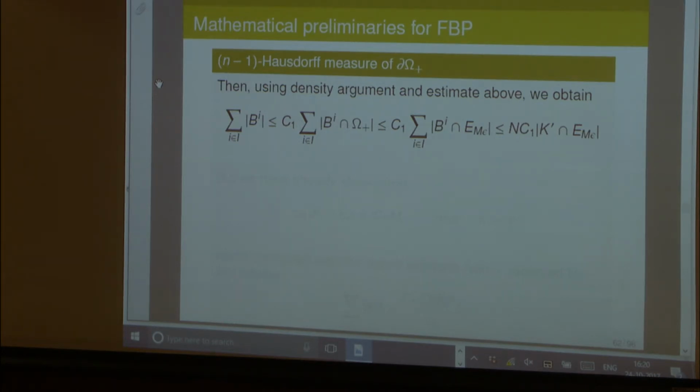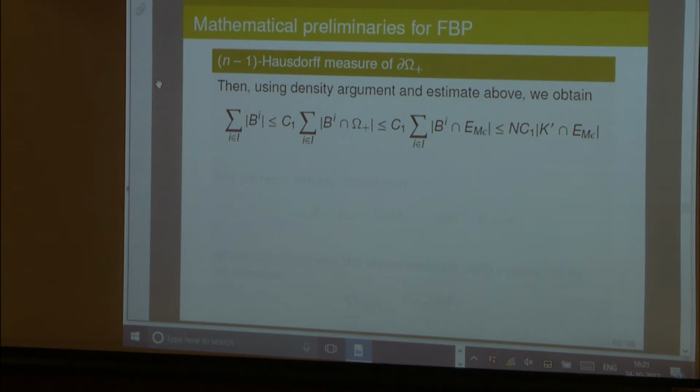Let's say you have a line like this, a segment from 0 to 1, in dimension 2. How many balls of radius r do you need to cover it? You need 1 over r balls. Let's say, how many balls of radius 1 over n do you need? You need n balls to cover it. I'm more used to thinking of r rather than 1 over n, so 1 over n is the radius, that's r.